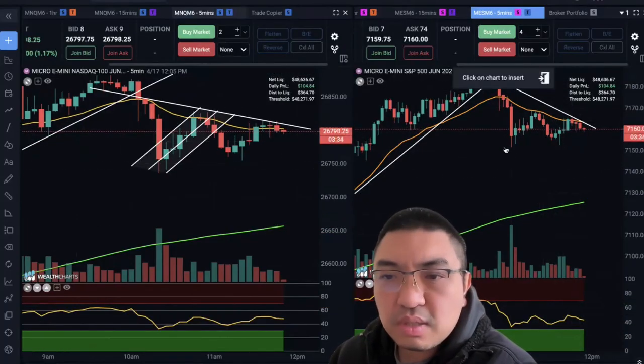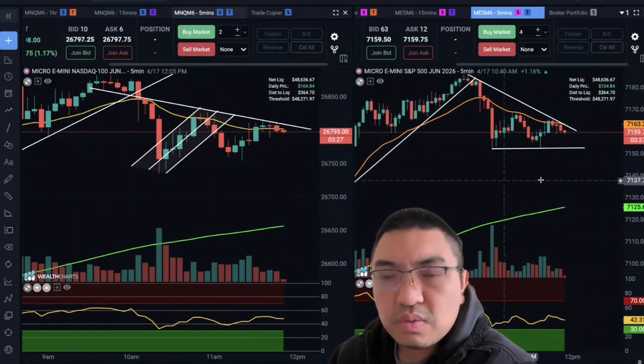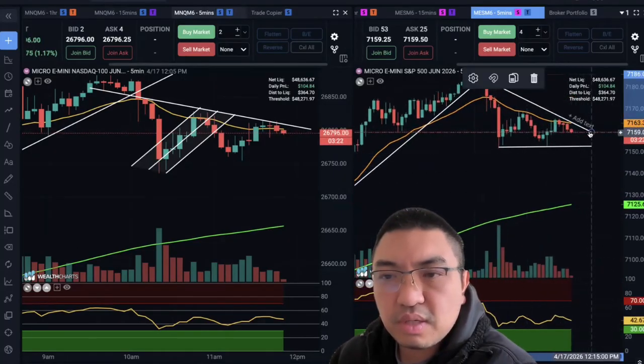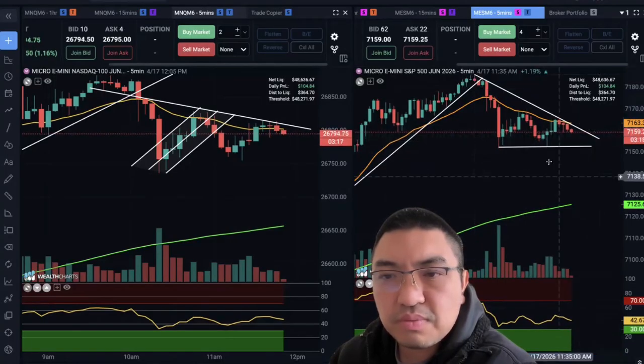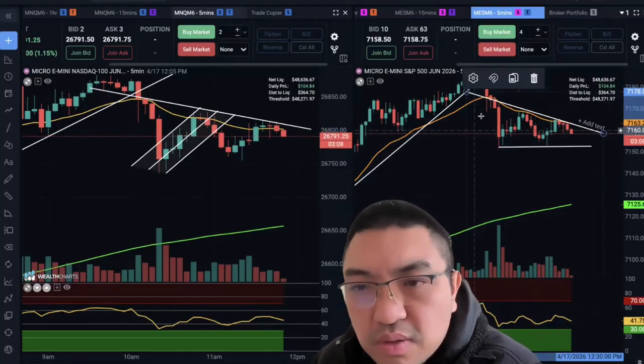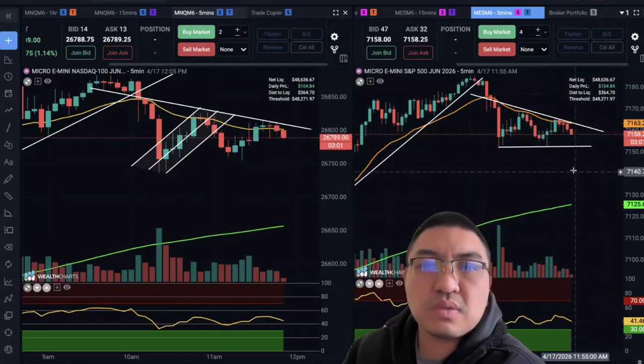Trend line. Oh, it looks like this is a sideways, downward triangle. Well, with this setup, you know what? If we break, then I'll go short. Maybe I need to redraw the trend line, something like this, and connect this one and this one.